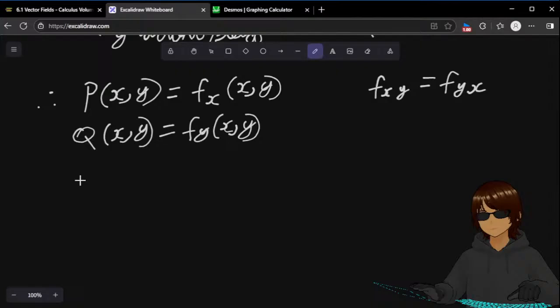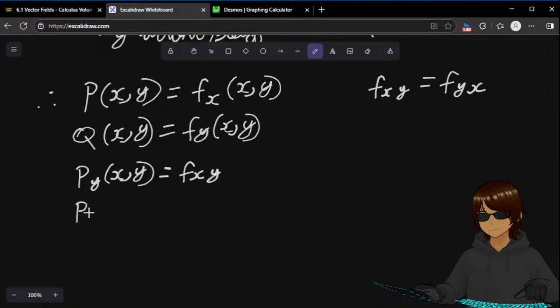So the derivative with respect to y is equal to f_xy, and the derivative of this with respect to x is equal to this.